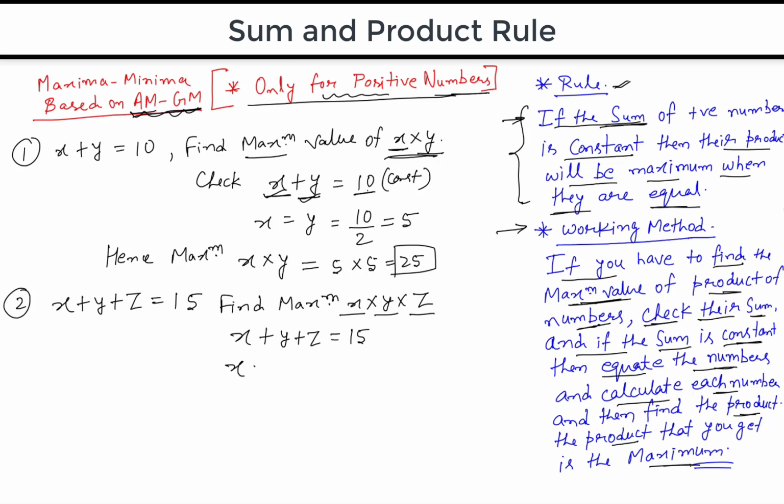If I equate them, what do I get? x equal to y equal to z, and the sum was 15. 15 has to be divided into 3 parts, so 15 by 3 is 5. So you get each value as 5. So the maximum value of the product x into y into z is equal to 5 into 5 into 5, and that is 125.